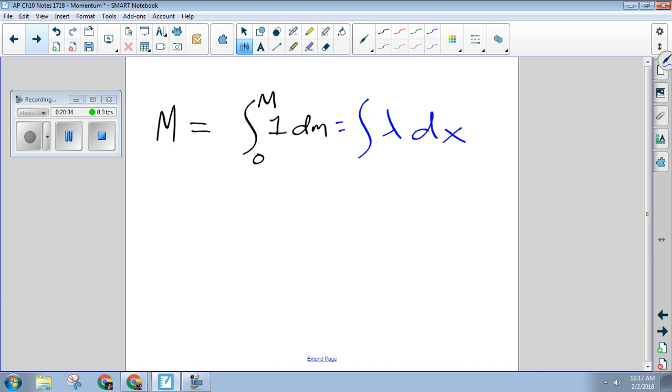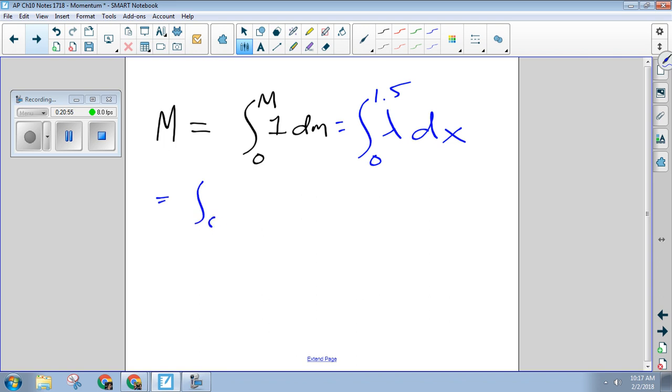And what should x run from? How long is the rod? 0 to 1.5, right? Then what's lambda? 0.8x.